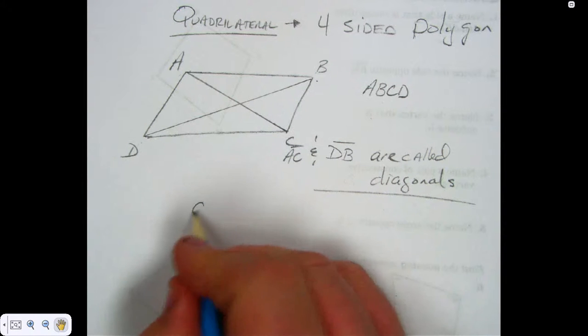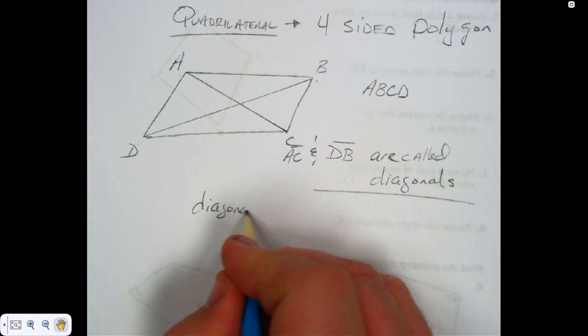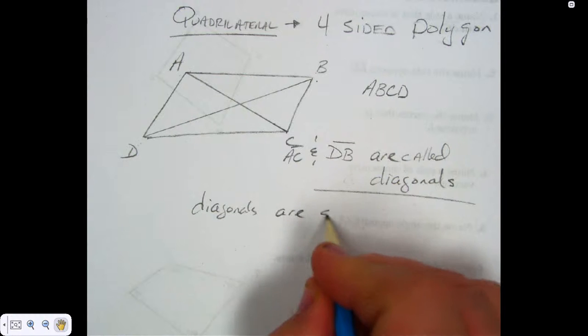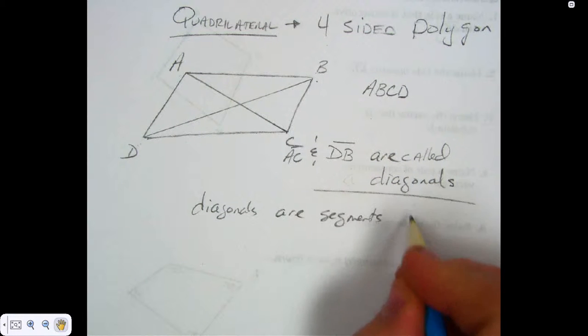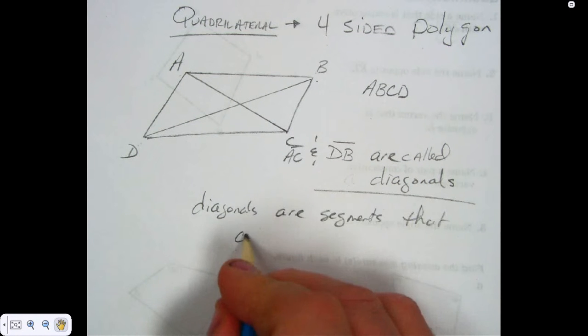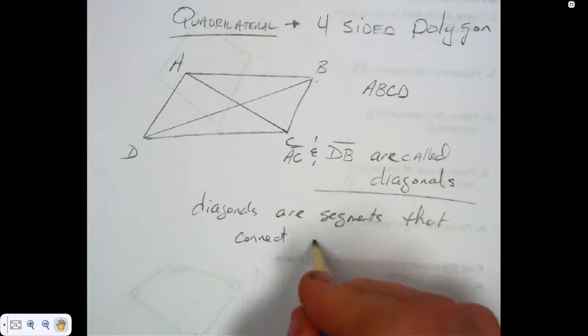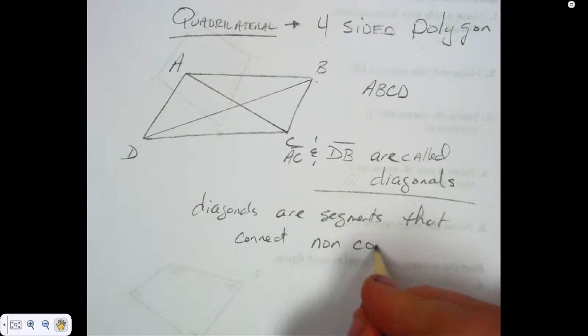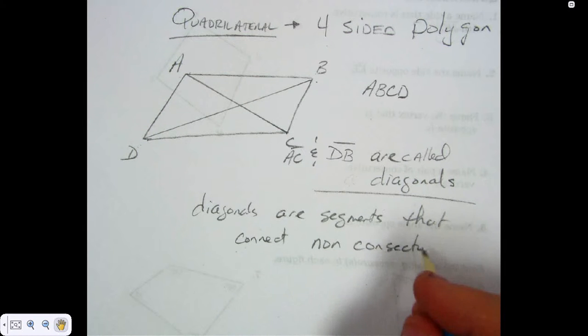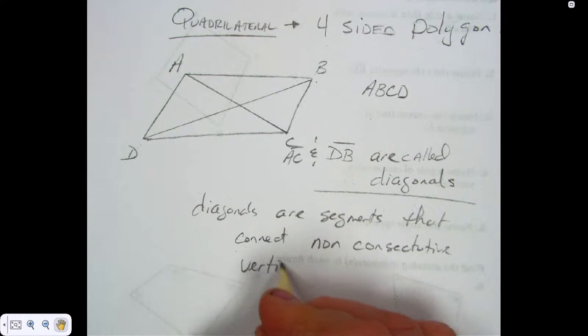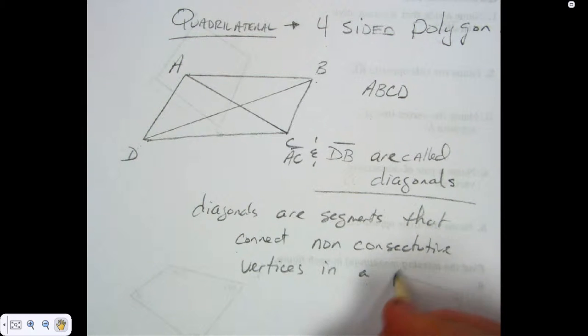Diagonals are segments that connect non-consecutive vertices in a polygon.